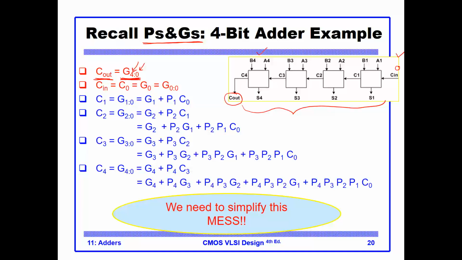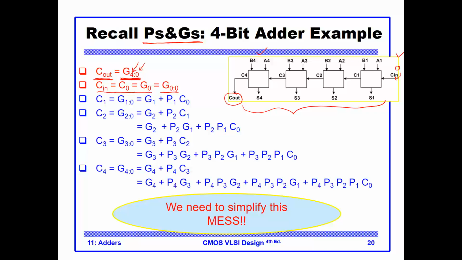I am going to assume that Cn is the generate of bit 0. Now notice that there is no bit 0 here, but I'm assuming that this was generated from a phantom bit called bit 0. This is like a group generate from bit 0 to bit 0. It's the same, just notation-wise.